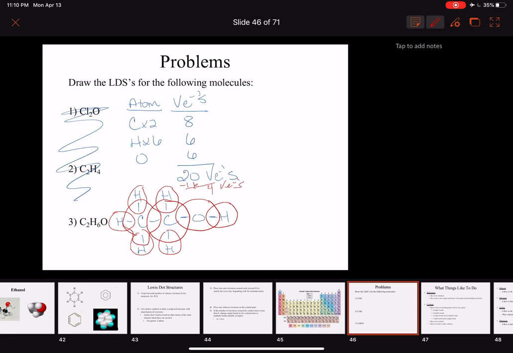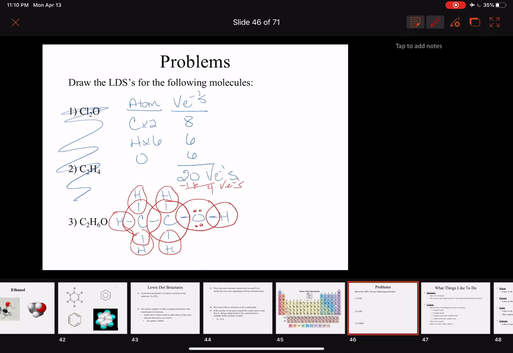And we can take those and double bond the oxygen to the carbon or double bond the oxygen to the hydrogen. But remember, the carbons and the hydrogens are already happy. They already have their octets or their duets, so they don't want anything else. So what we can do is put lone pair electrons on oxygen like that.